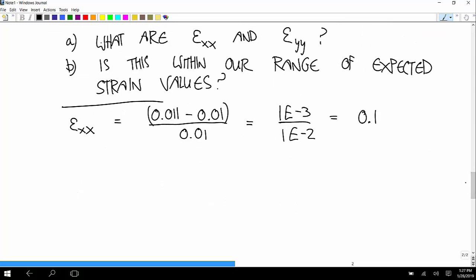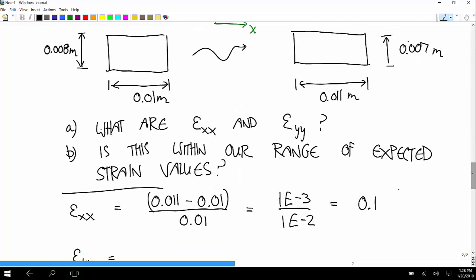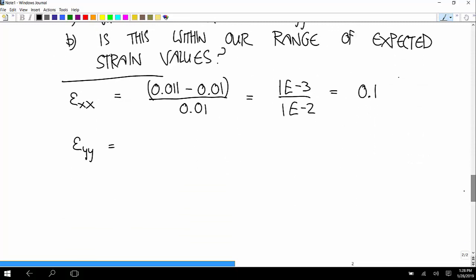What are the units? I sort of glossed over that here. Right, strain is unitless. You're dividing a length by a length. And epsilon yy is the deformed value, 0.007, minus the initial value, 0.008, divided by the initial value.